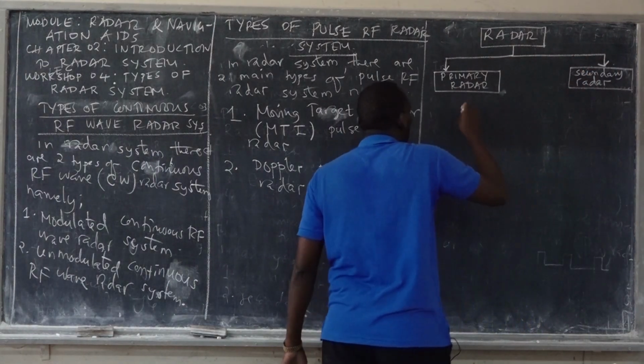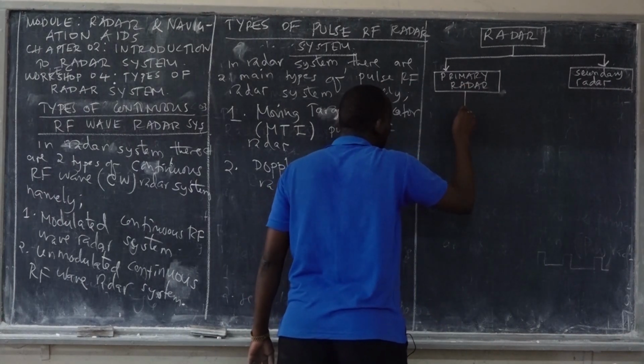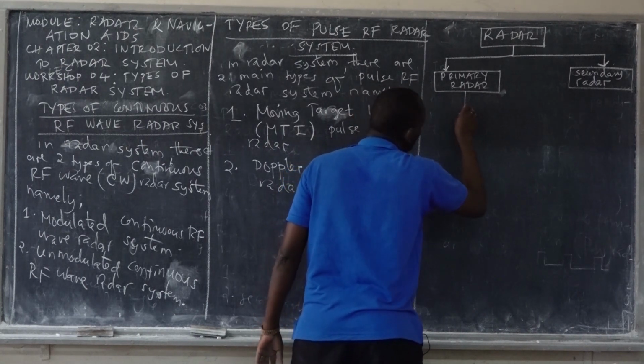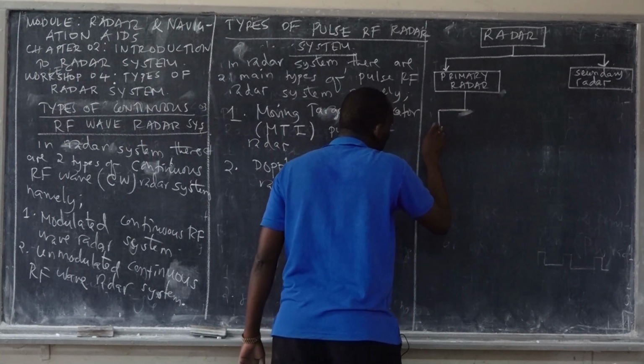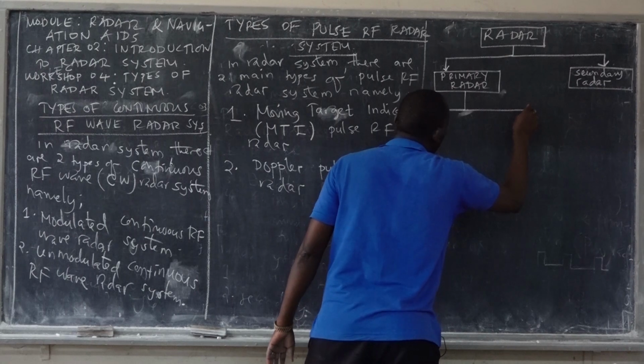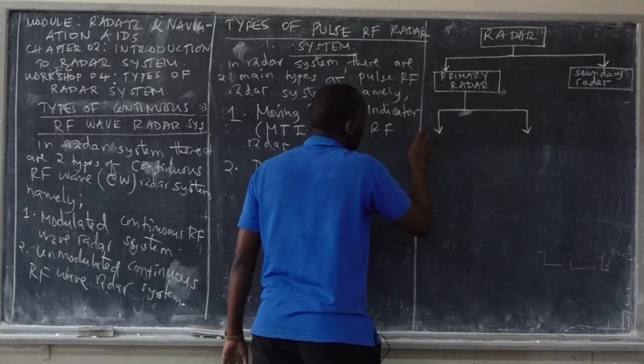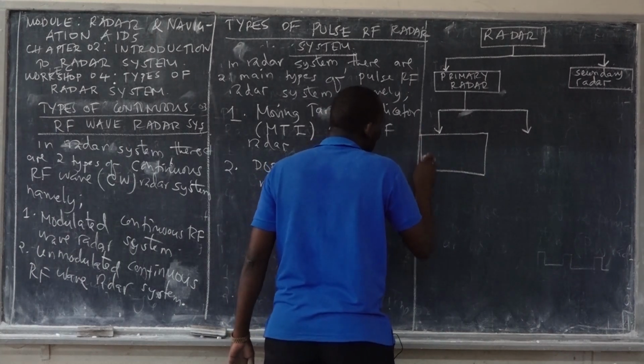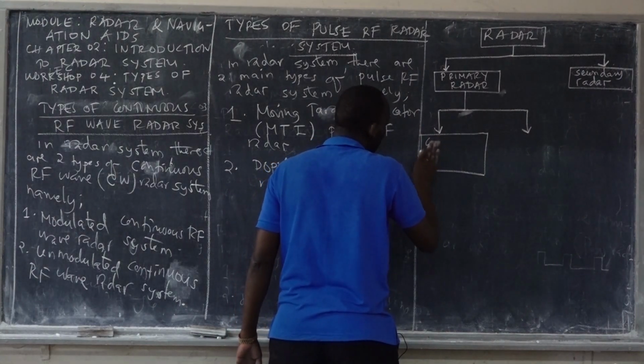Then we discussed primary radar system. How many types do we have? Two. The first one is what? Continuous.